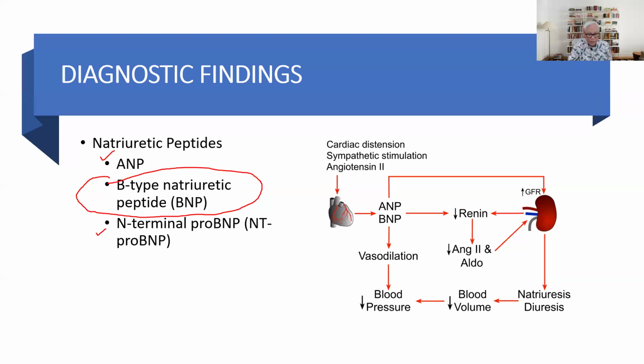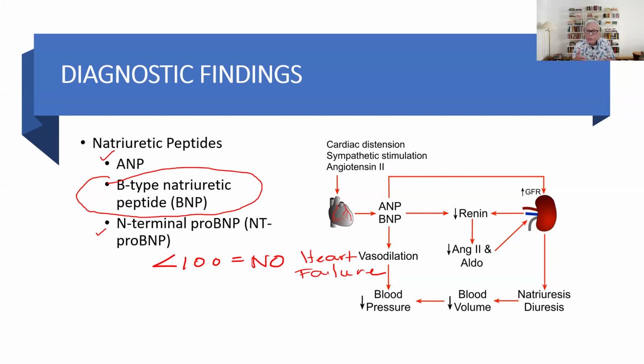due to heart failure. So usually if it is less than 100, it is going to be normal. So there's no heart failure. And then, of course, if there's an increase over 100, that means you would have the presence of heart failure.